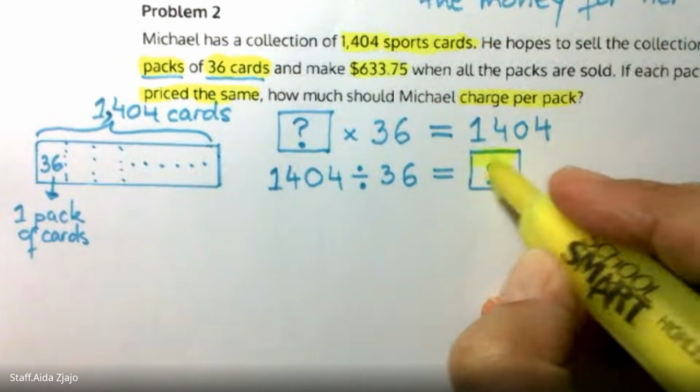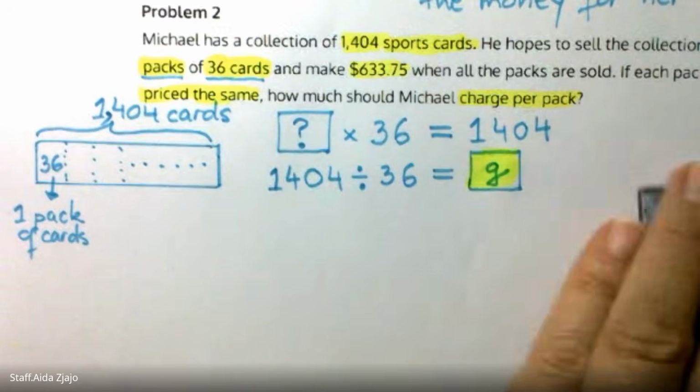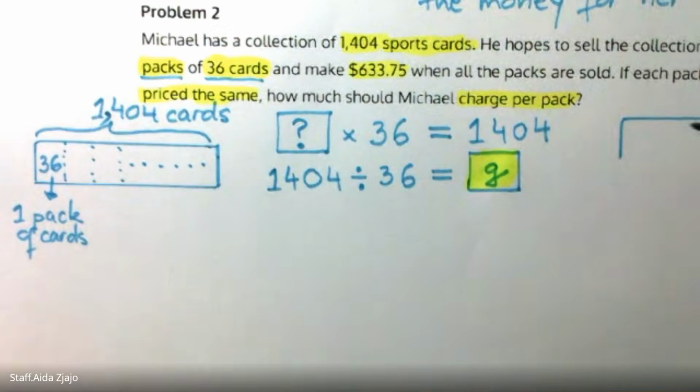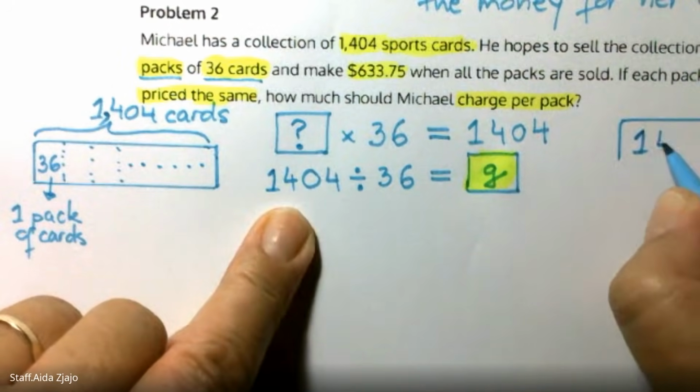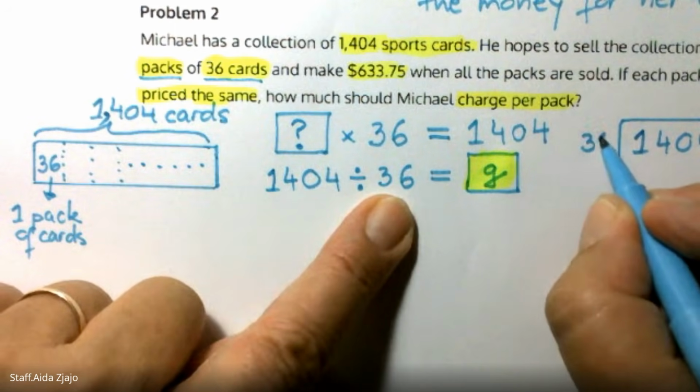So let's see how we can do that. On the side, I'm going to write 1,404 and groups of 36.